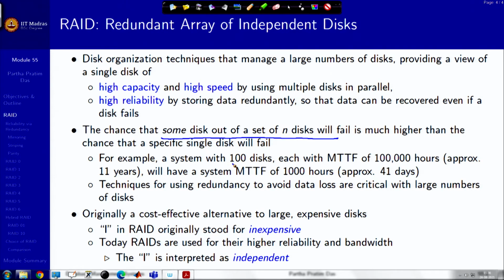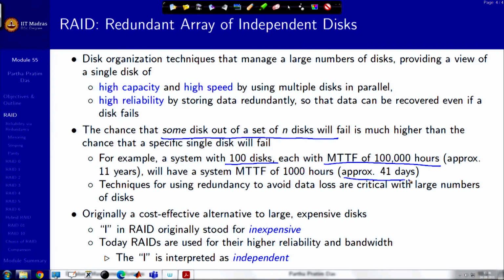Just a back of the envelope computation: if a system has 100 disks, each with an MTTF, mean time to failure, of 100,000 hours, approximately 11 years, then the system will have one by 100 of that as its MTTF, given that at least one disk fails in the whole system.